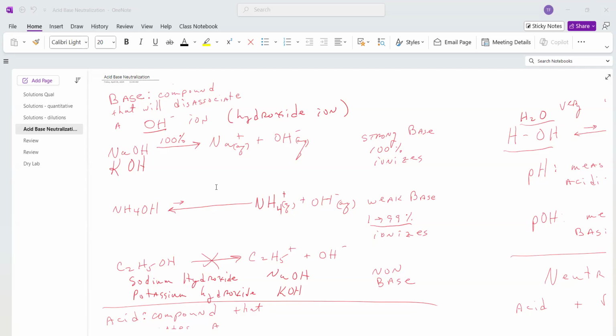And we have strong, weak, and non bases. A strong base, there are two main ones we're going to be running into: sodium hydroxide, NaOH, and KOH, potassium hydroxide. Most of the other bases are weak bases. Lots and lots and lots of weak bases.